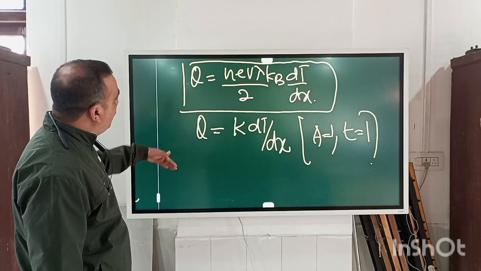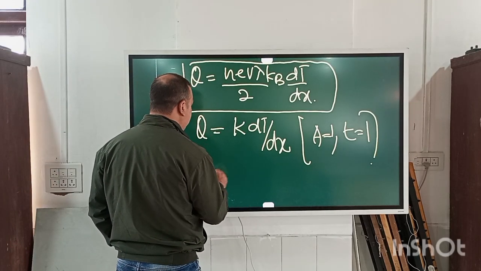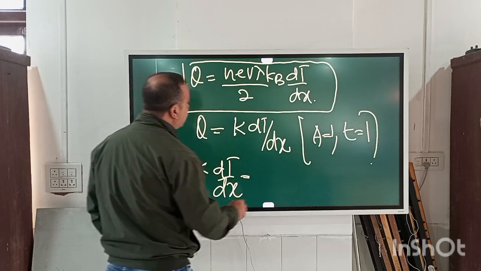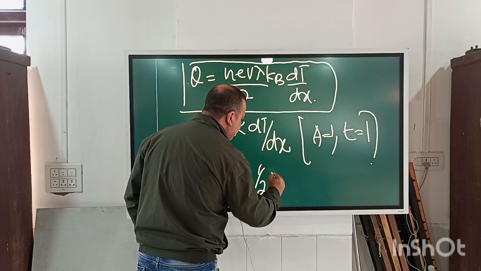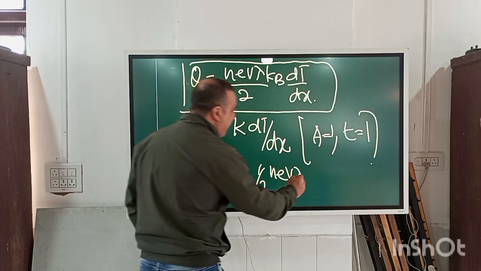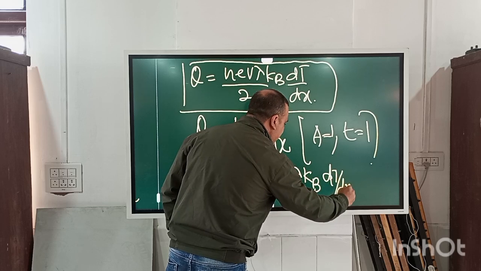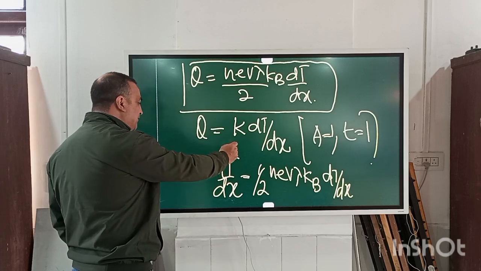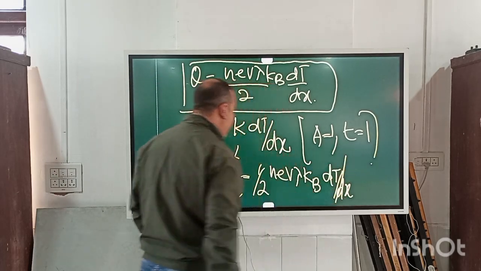We will get k dT by dx is equal to 1 by 2 N e V lambda kB dT by dx. And we can clearly see that the temperature gradient on the left hand side can cancel with the temperature gradient on the right hand side.